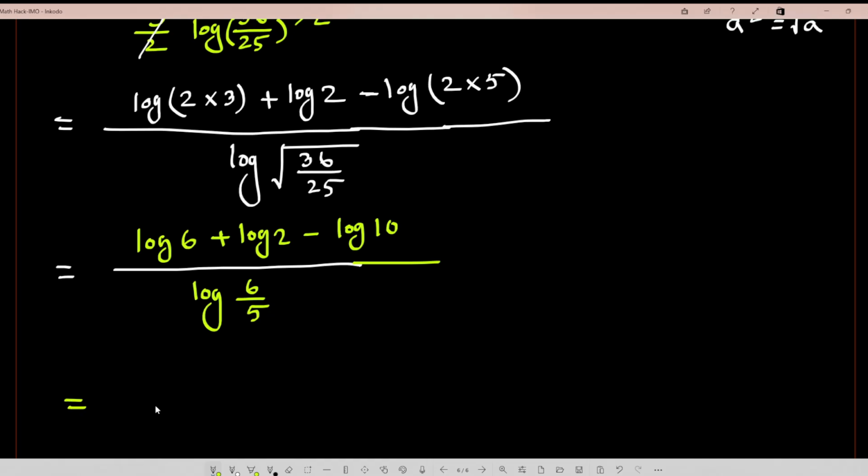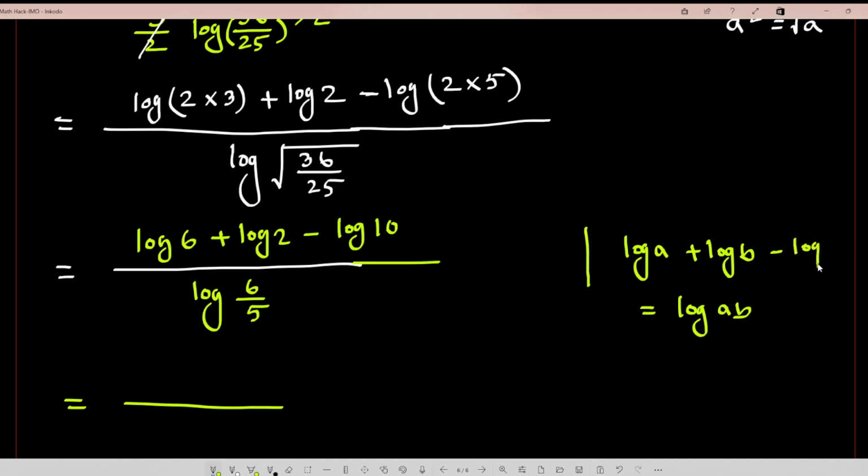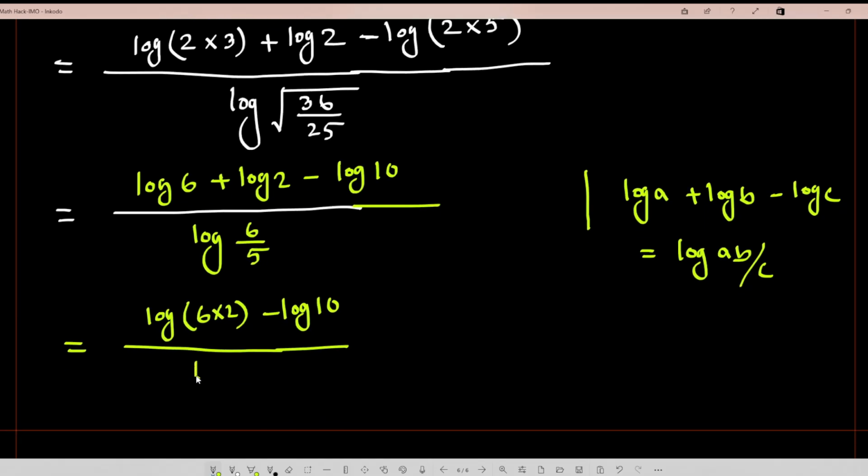And look, we know log a plus log b means log ab. Once we make a minus, suppose log c, it means divide by c. So similarly we can write log 6 times 2 minus log 10, right? And here log 6 divided by 5.